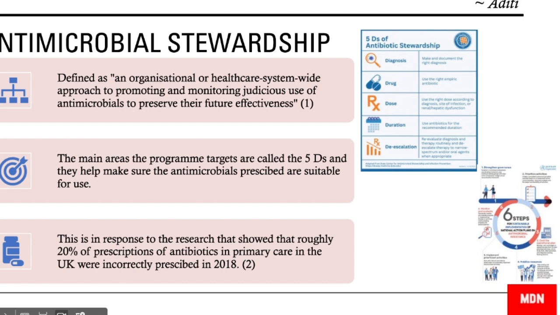So when you're diagnosing illnesses that require antibiotics, you should make sure that you make the right diagnosis based on actual information, such as sending cultures to the labs before you prescribe someone the antibiotics, and making sure that the drugs used are correct, the dose is correct, and duration as well, because a lot of people don't end up taking the full course of their antibiotics, which can also lead to further problems.